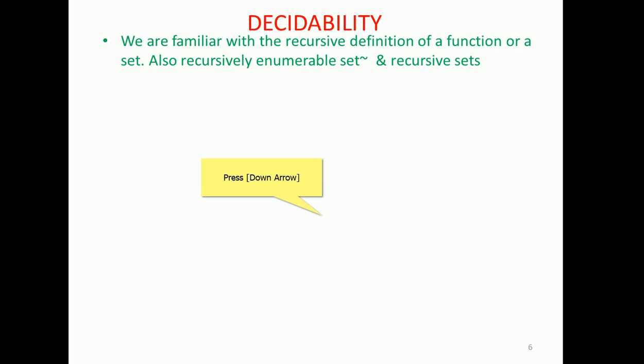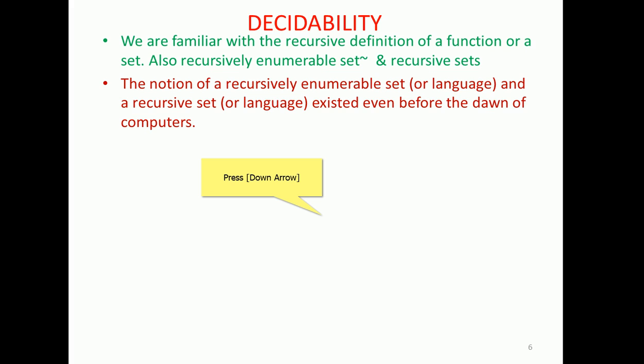So a recursively enumerable set is generated from a recursive set, and decidability comes in again. The notions of recursively enumerable set or language and recursive set existed even before the computer era.